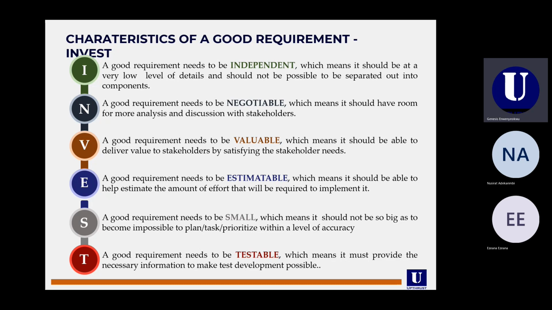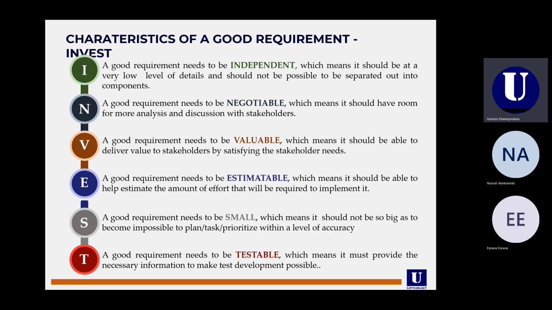Also, the letter E under INVEST: your requirement should be estimable. That means it should be possible for the team to plan how long it will take them to implement the requirement, the effort that will be put into developing that particular requirement, that particular piece of value. So your requirement should be estimable.